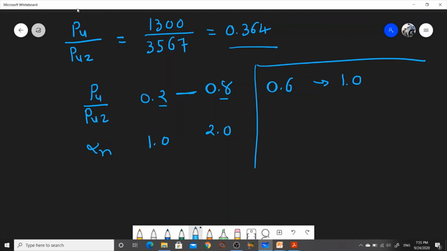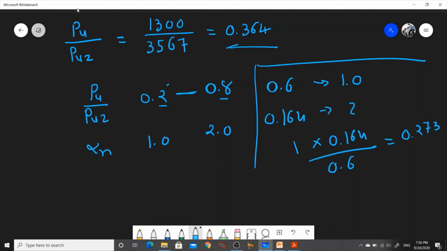The difference between 0.2 and 0.364 is 0.164, so 1 multiplied by 0.164 divided by 0.6, value is 0.273.